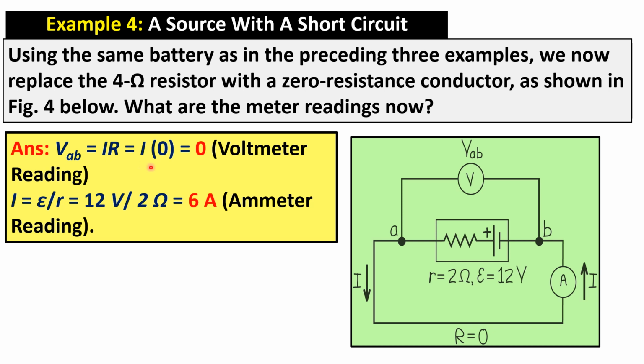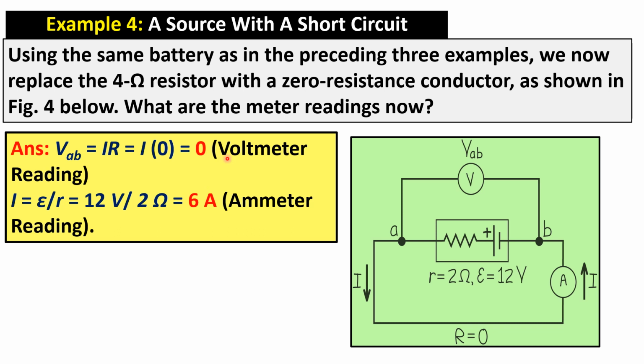All right. And since there is no current through that voltmeter, it is a very high resistance. Remember, very high resistance, right? So the voltmeter reading will be nothing.